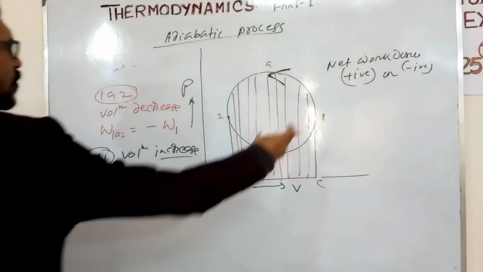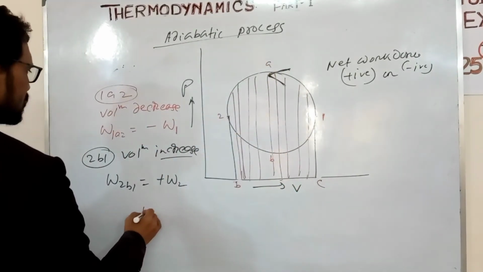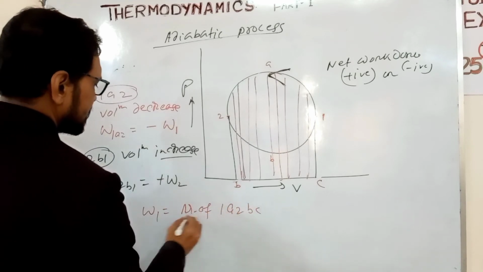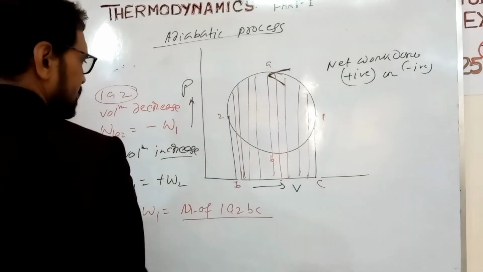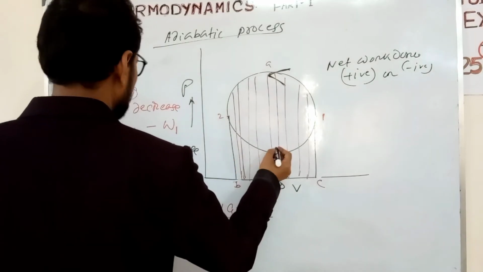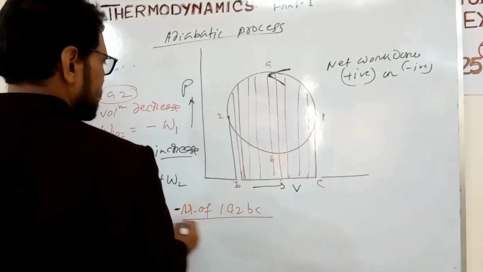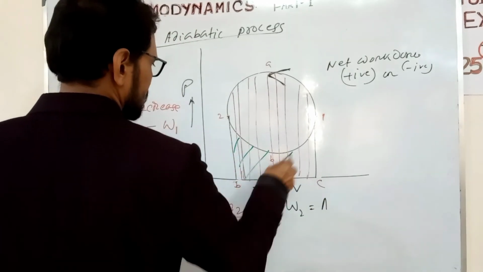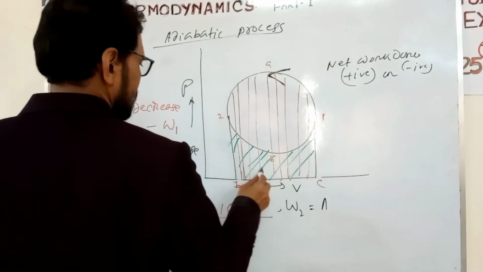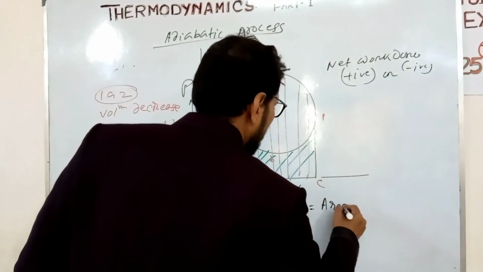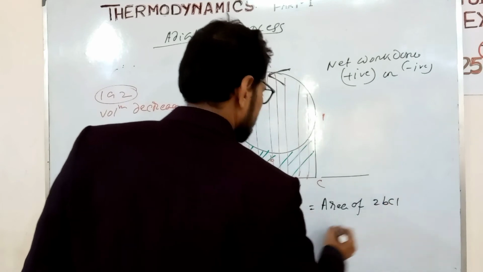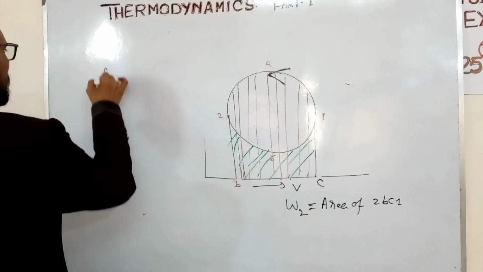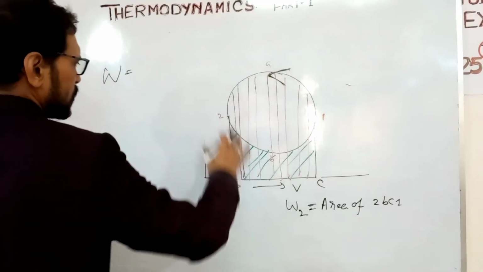So the area of 1A2BC equals W1. W2 equals the area of 2BC1, which is the negative area.